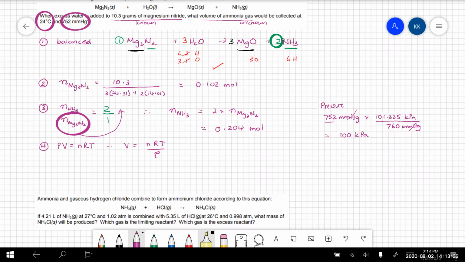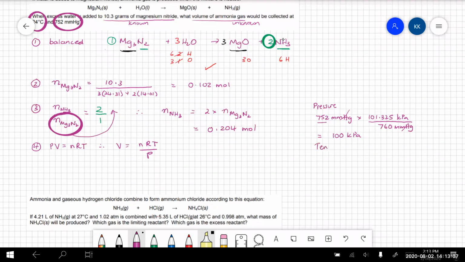Now, temperature. Temperature is in degrees Celsius, and that is never going to do. So 24 degrees Celsius is equal to 24 plus 273 for Kelvin. That's 297 Kelvin.